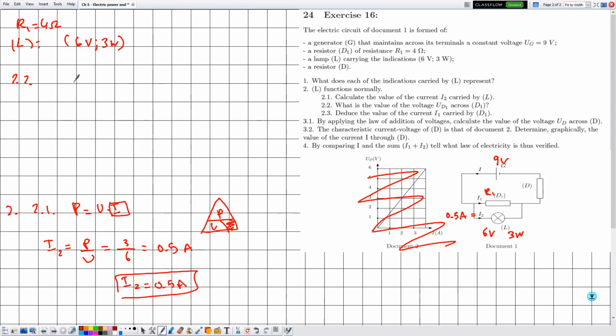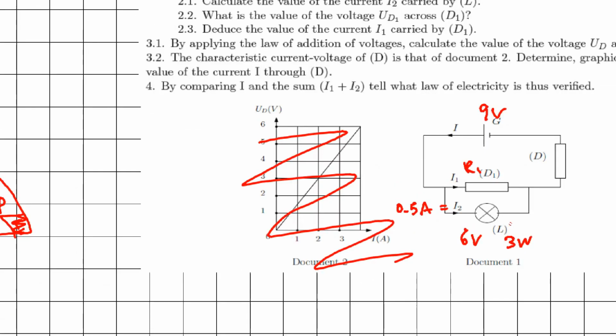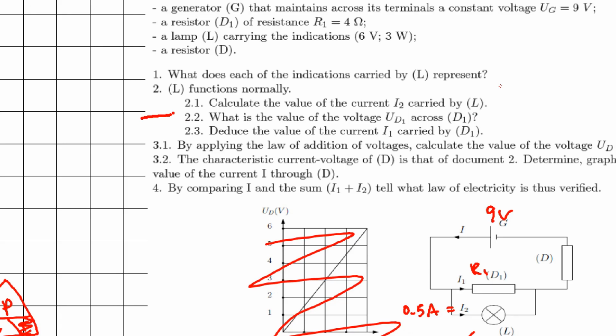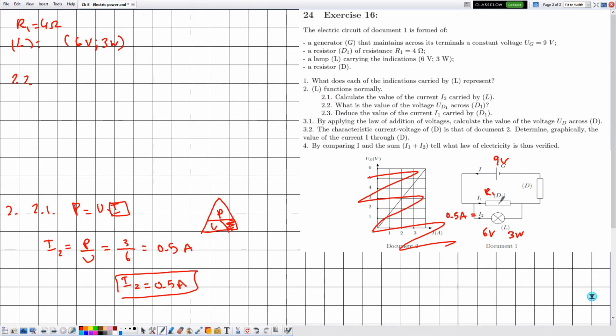For example, we can explain that the lamp L is functioning normally and the applied voltage is 6 volts, but in this case this refers to saying that they are just in parallel, so they have the same voltage.